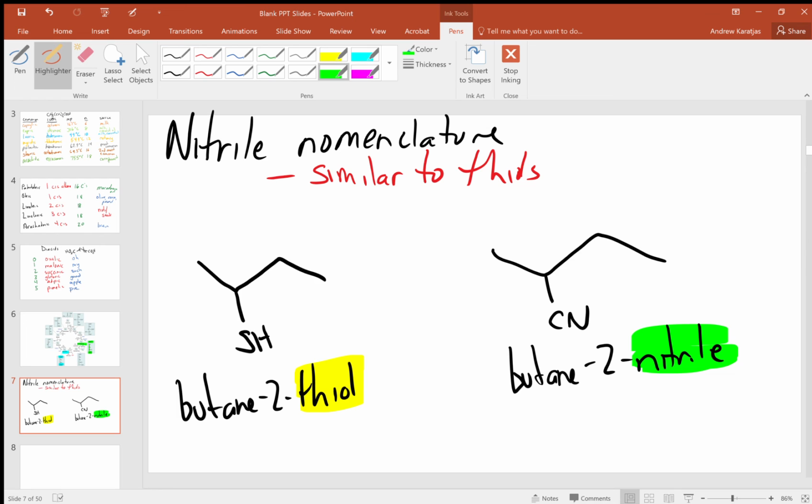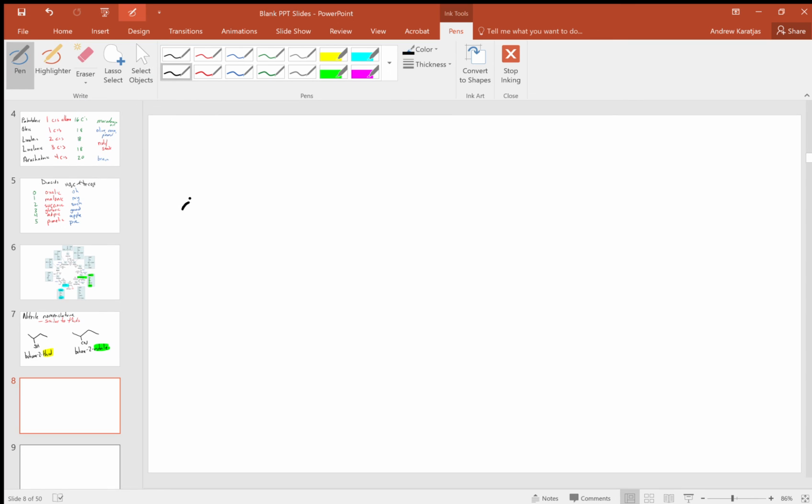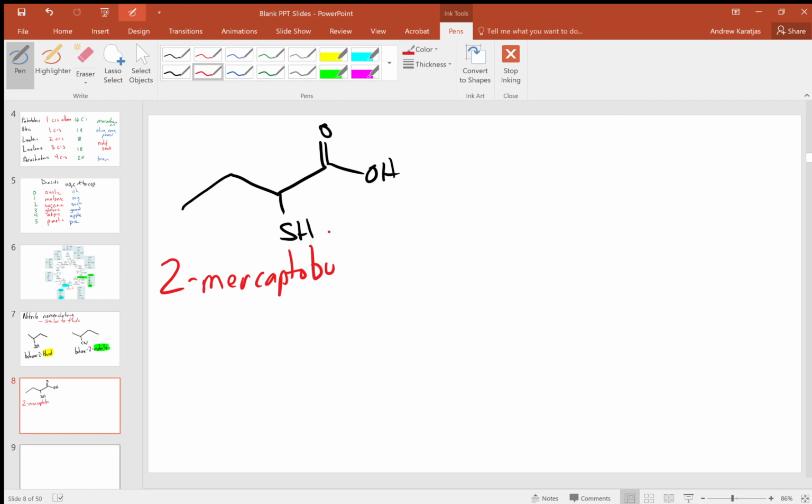Now the other reason that I like to compare these to thiols is, if you recall, with thiols, if we had a higher priority group and the thiol became a substituent instead of part of the parent name, then in that case, not only did we move where the name went, but the actual term that we used changed. So for example, a carbonyl, such as a carboxylic acid, was higher priority, and so this compound would have become 2-mercaptobutanoic acid.